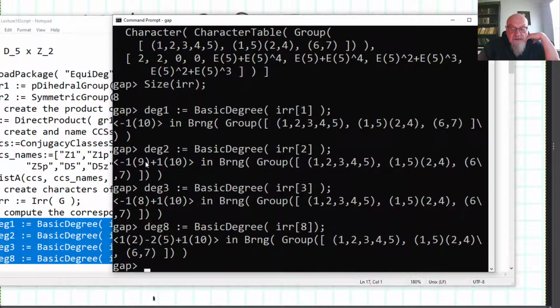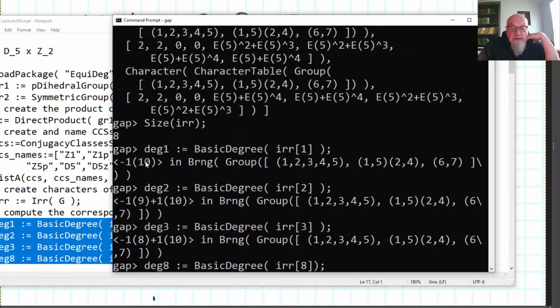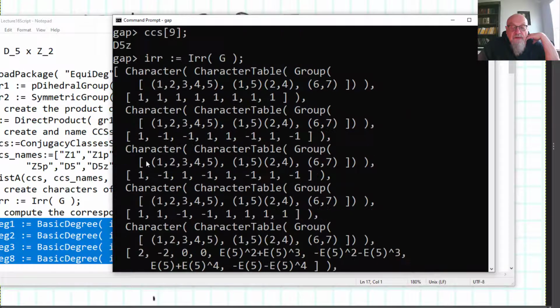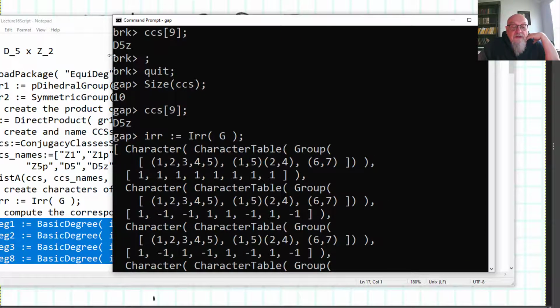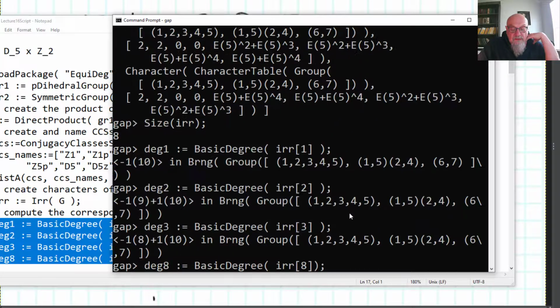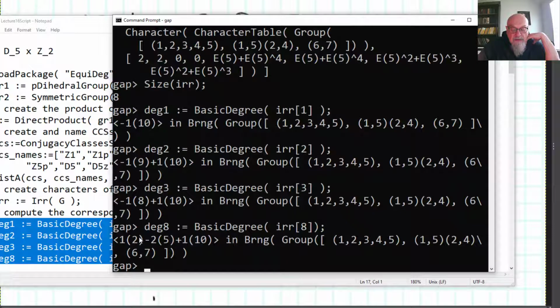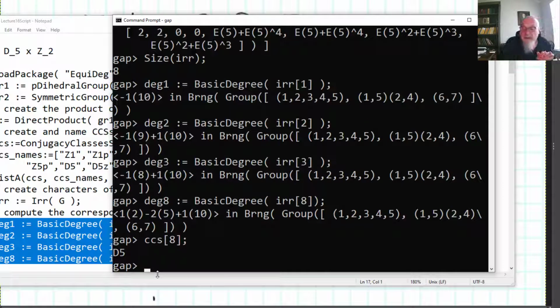We just did it around here. Look, this was the D5Z. 9 is D5Z. So if you don't remember what 8 means, it is easy to just write in CCS, you put here 8, and since we have the associated names, it gives you D5.